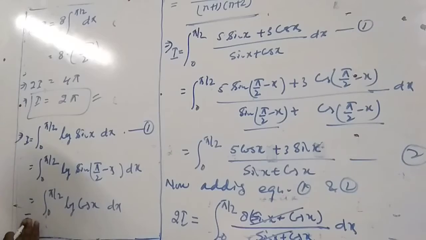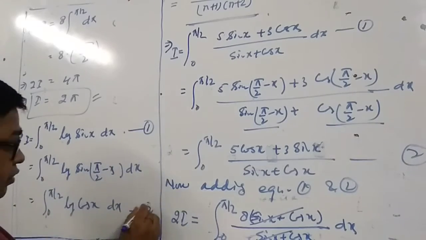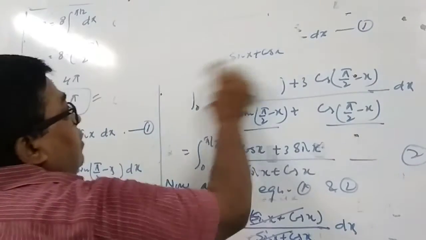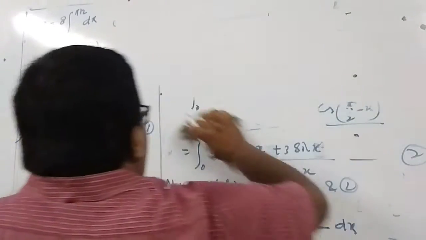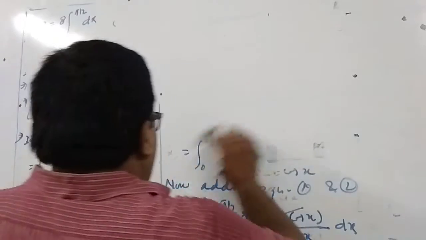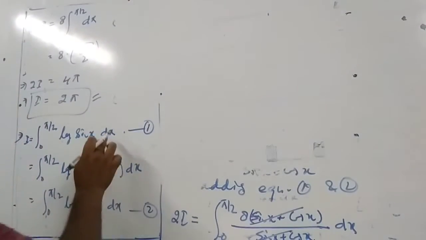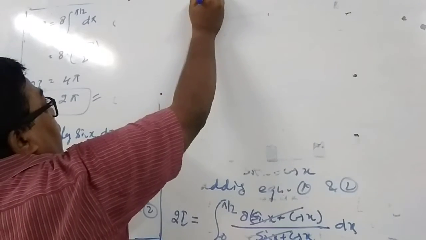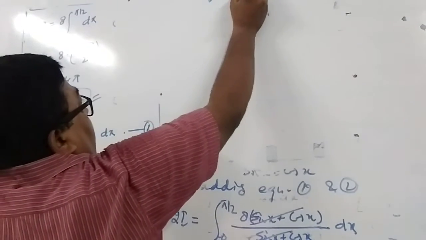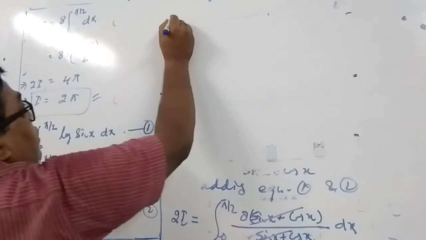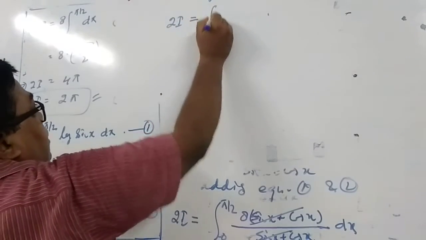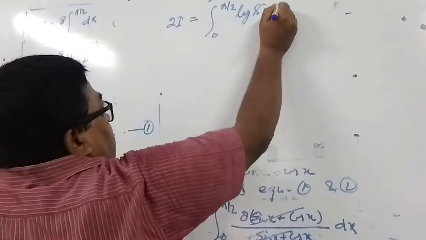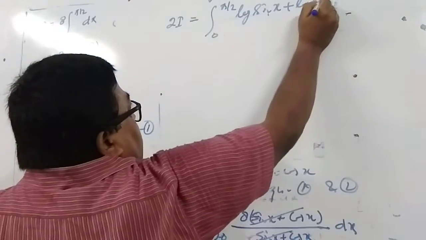You consider this as equation number 2. Adding equation 1 and 2, it becomes 2I is equal to the integral from 0 to pi by 2 of log sin x plus log cos x dx.